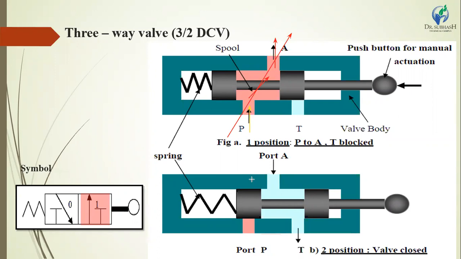Second, in position 2, port P is locked and port A and port T are open. At this time, after the extraction process, the cylinder comes back.